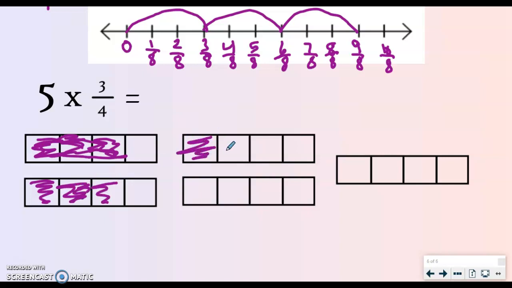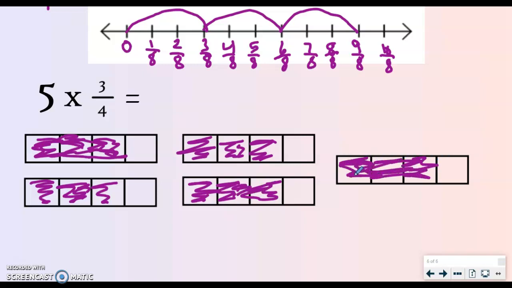And then 3 times, 4 times, and 5 times. Okay. So pretty. Okay. All right. So if I have my models here, all I need to do is I can just count how many fourths are shaded in.